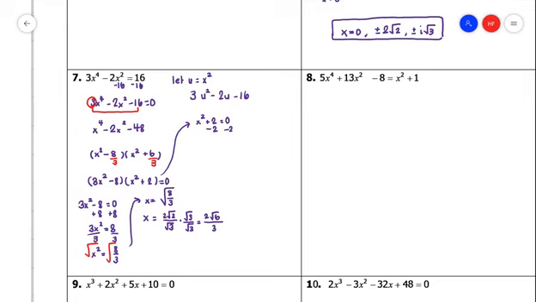Subtract 2. x squared equals negative 2. Take the square root of both sides. And x is equal to i root 2. So my values for x would be plus or minus 2 square root of 6 over 3 and plus or minus i square root of 2.